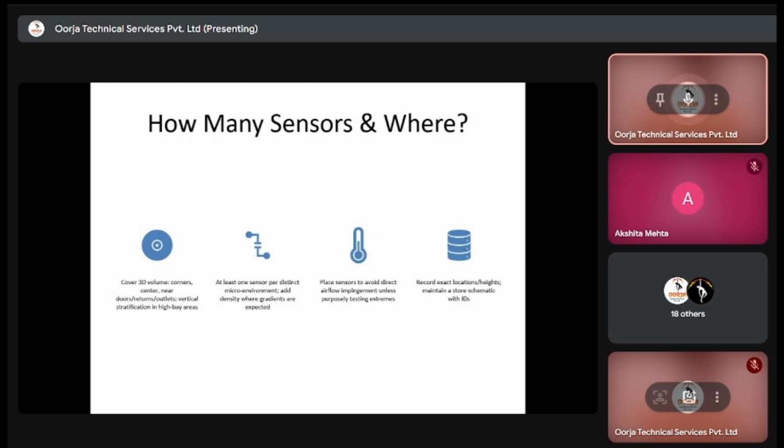That's why mapping is done in different seasons, to identify the worst case scenario in respective seasons. In loading condition, as we mentioned earlier, you must map both empty and normally loaded states. This brackets the performance and proves the system maintains temperature under the full range of operational conditions.